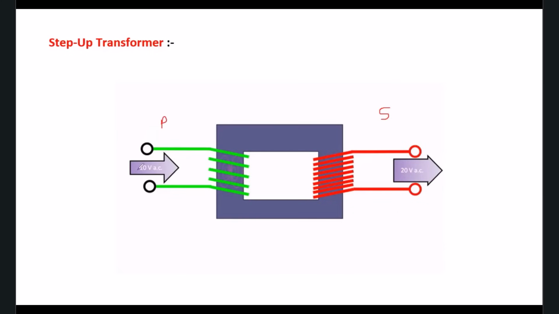Now 10 volt of AC signal is applied at the primary side, and if at the secondary side you are getting 20 volt, in this situation the energy which is applied is lesser than the output energy, so this type of transformer is called a step up transformer.